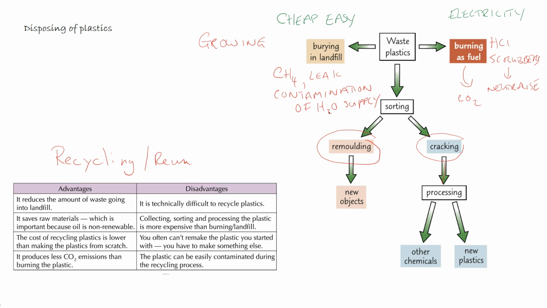You have to make something else instead, and the plastic can be easily contaminated during the recycling process, so you may not end up with such a pure product. What you need to be able to do is make sure you can come up with advantages and disadvantages and compare and contrast and give arguments for recycling plastics in all of these different possible scenarios.